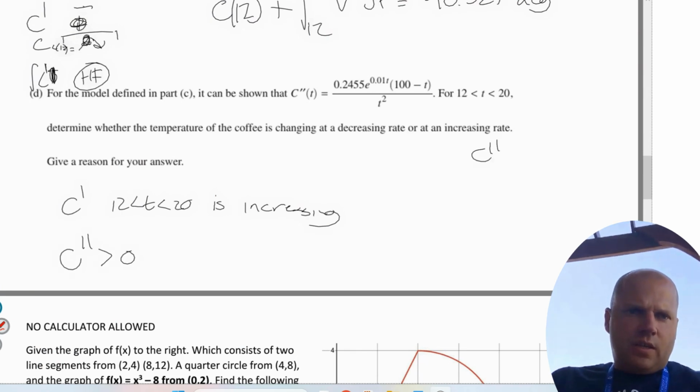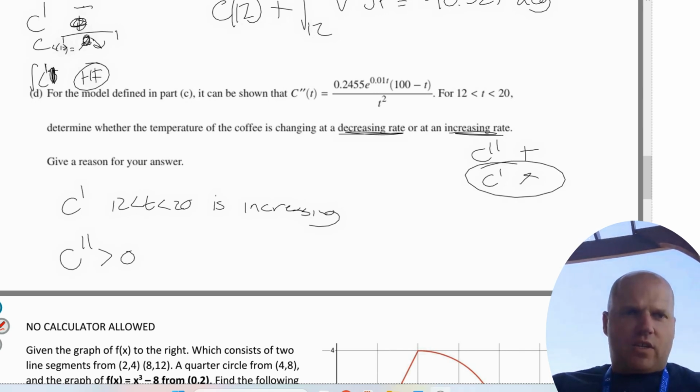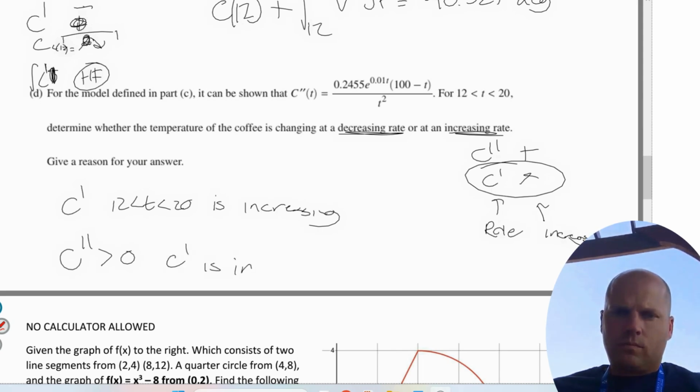So again, if our second derivative is positive, our rate of change is increasing. We're looking at a decreasing rate or an increasing rate. Increasing rate. Here's my rate of change increasing. So that's what they're looking for.